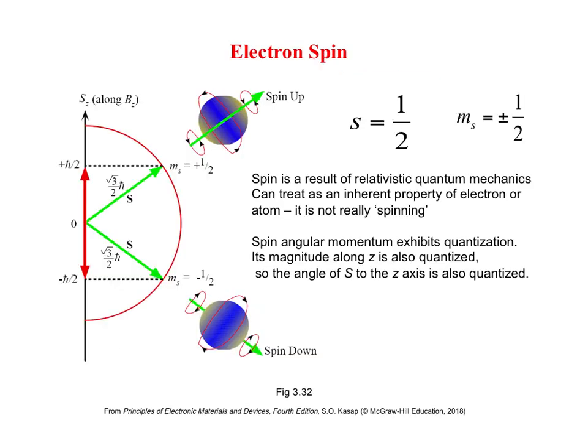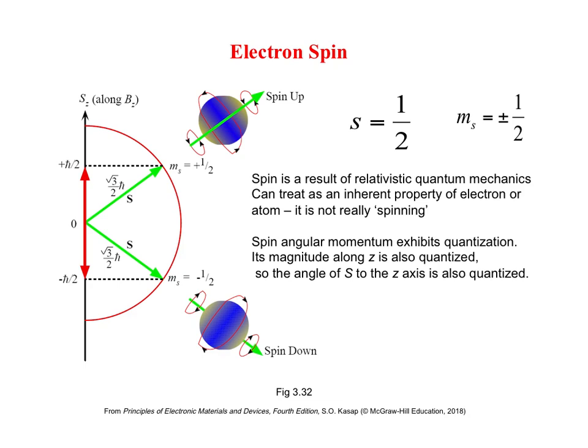It turns out that electrons, as well as other quantum particles, inherently have angular momentum that we call spin. Spin and spin quantization is a result of relativistic quantum mechanics. Remember, in relativity, time is combined with the three spatial dimensions to make a four-dimensional space-time.